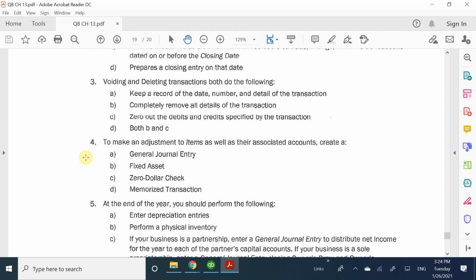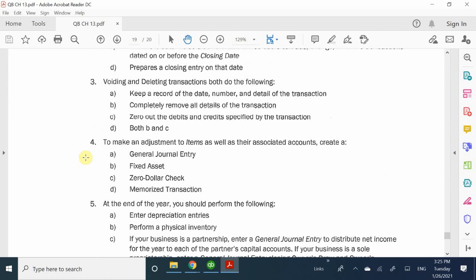A. Oh, I say A. I said C. Okay, so we know for sure fixed asset isn't an answer, and we know for sure memorized transaction is not an answer, because the main question is asking you to make adjustments to items. Now notice this, the word items. Items, then it's a $0 check. Correct. Notice that items in this context is italicized, so the emphasis is on items.